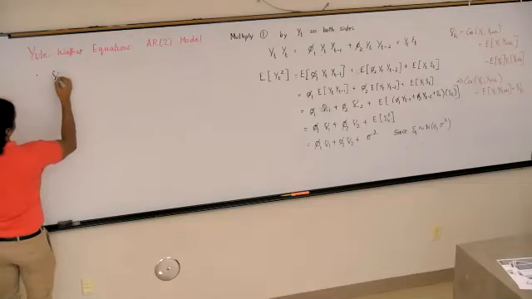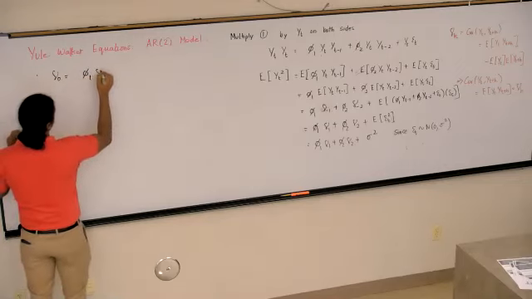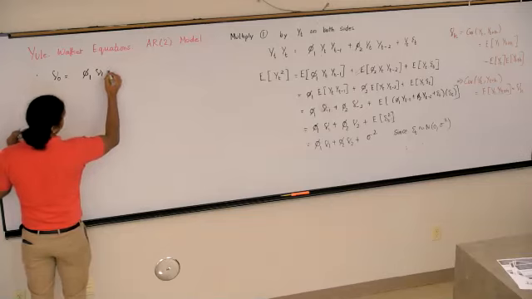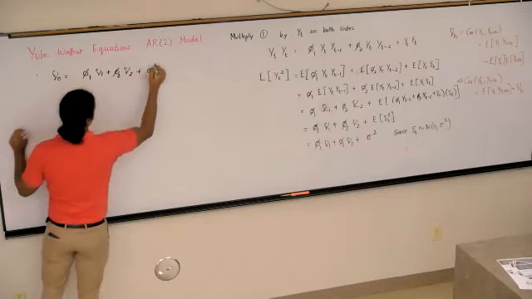So gamma naught is equal to phi 1 gamma 1 plus phi 2 gamma 2 plus sigma squared.